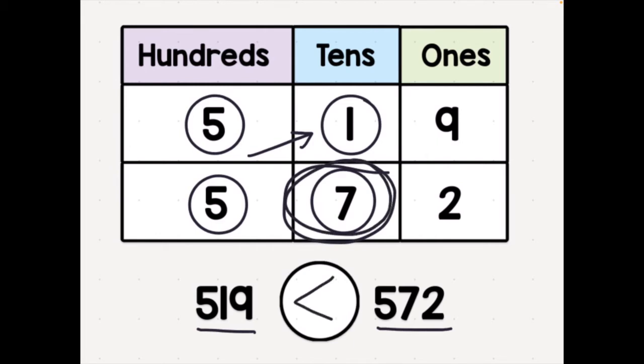So this is a less than. 519 is less than 572. Remember that this mouth has to eat the bigger number. There's some big teeth he has. So he's eating this big old huge number right here, 572.